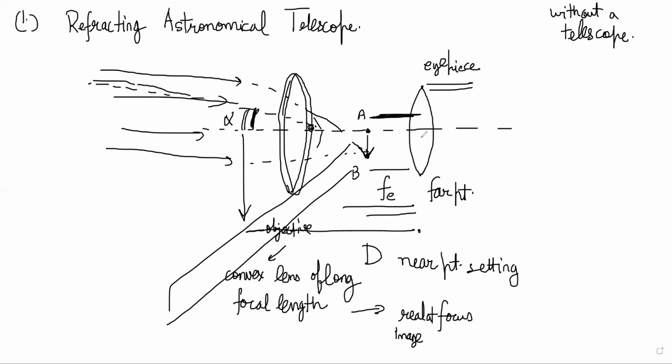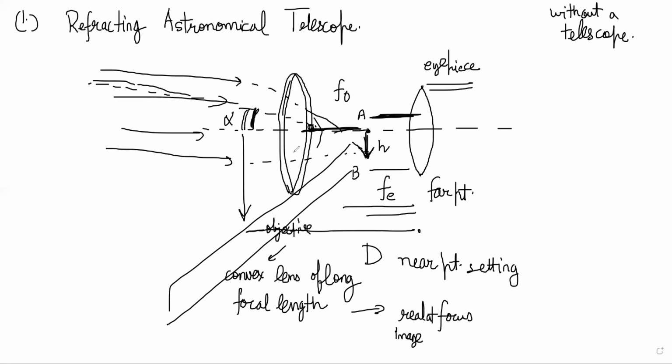So now, the first image is produced in the focal plane of the objective here, this AB. And if AB is H, then we can say that this distance will always be F naught, right?